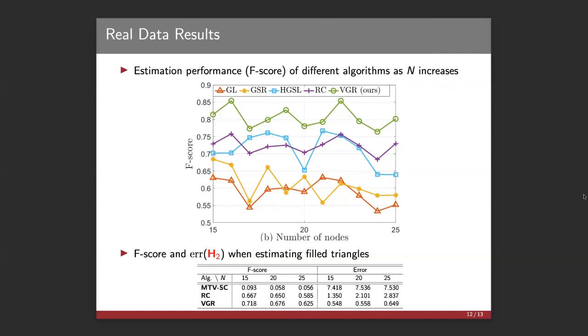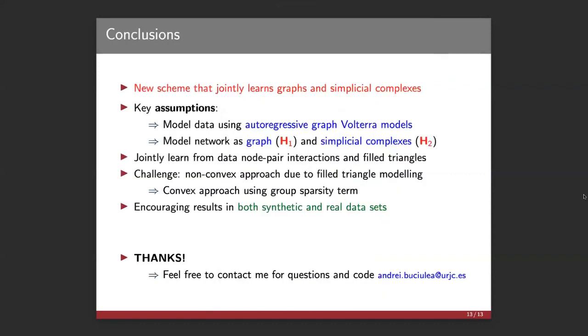To finish and summarize, what we propose is a new scheme that jointly learns the graph and the simplicial complexes from the data. For modeling the data, we use an autoregressive graph Volterra model, and for modeling the network, we differentiate between modeling the graph using H1 and modeling higher order interaction, in this case simplicial complexes, using the H2 matrix.